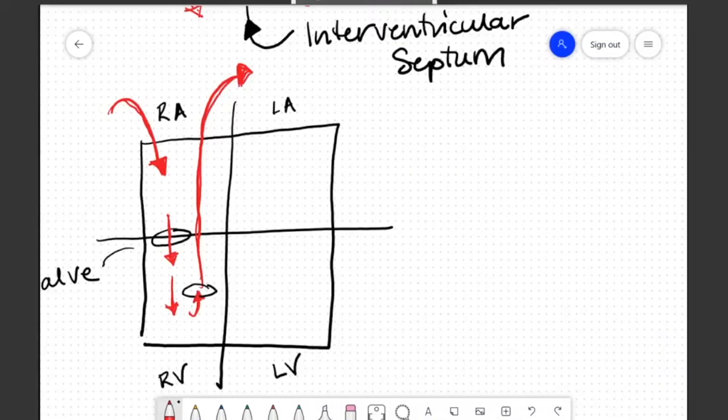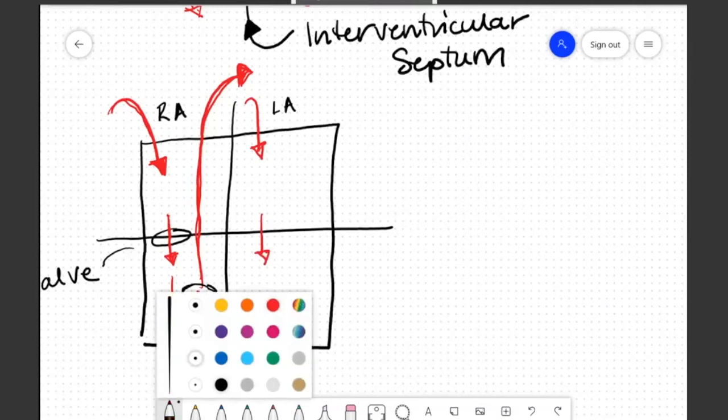So that means that there has to be a doorway here. So we have a doorway between the atrium and the ventricle, and then we're going to have a doorway between the ventricle and out. Okay, so we said that the atrium was receiving, so what does that mean about the left side? Blood will also come in the left atrium, and as it travels through the left atrium, it will also then travel down to the left ventricle. So that means that in your left ventricle, you're also going to have a door.